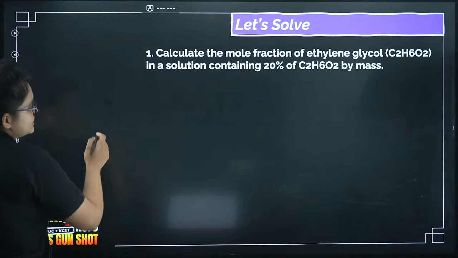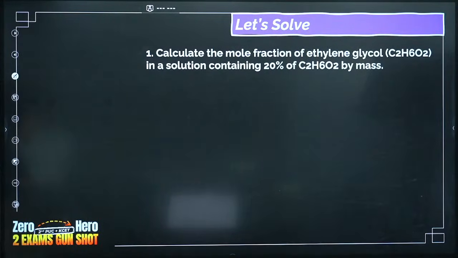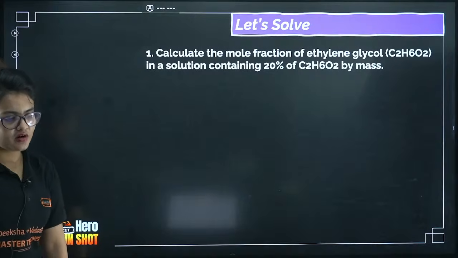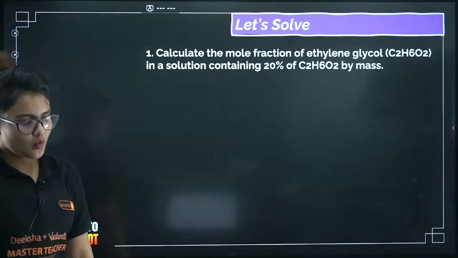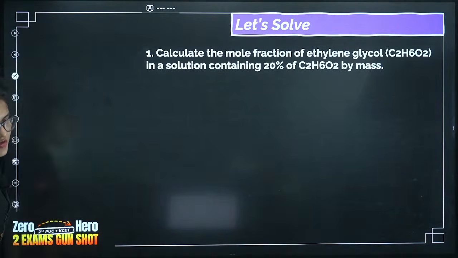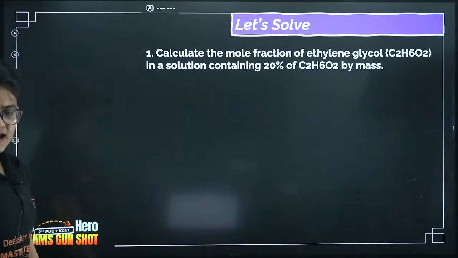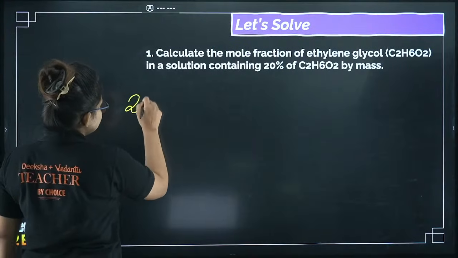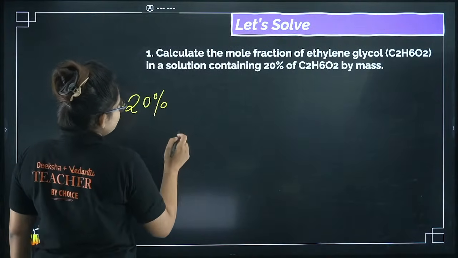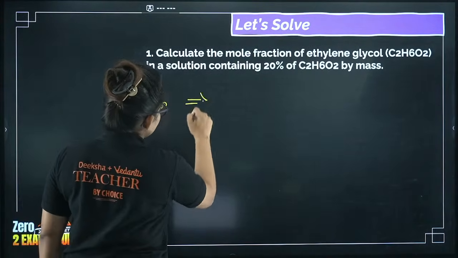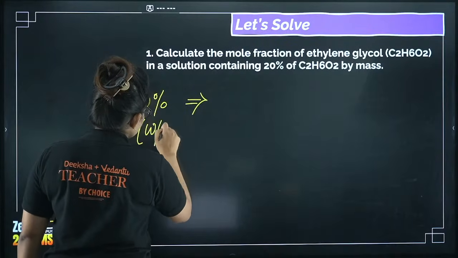Here you can see, first we can calculate the number of moles of ethylene glycol, and the number of moles of water as well. From here they are saying 20% of ethylene glycol, weight by weight, right?